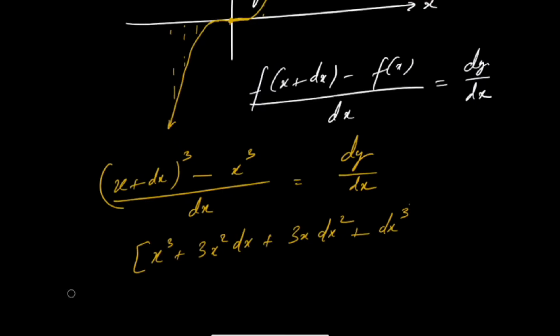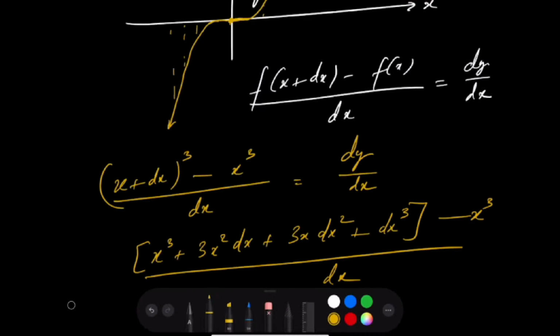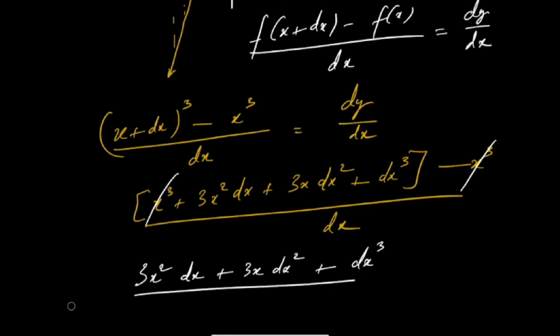So this is x plus dx whole cube minus x cube by dx, correct? Now what will I get here? This x cube and x cube will cancel. So the remaining thing is 3x squared dx plus 3x dx squared plus dx cubed by dx, correct?